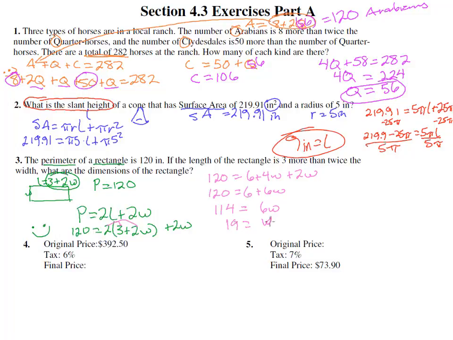So W equals 19. Well, what does that mean for our problem here? The width is 19. What are we in, feet? It's in inches. So 19 inches is the width. And let's see if we can do the length now. If the length is 3 more than twice the width, which is 19, length equals 3 plus 2 times 19. 2 times 19 is 38 plus 3.